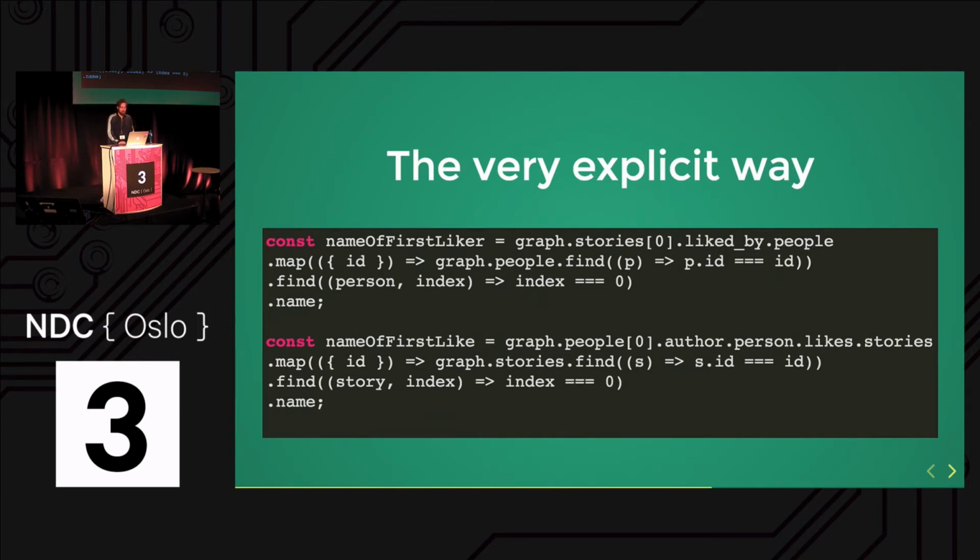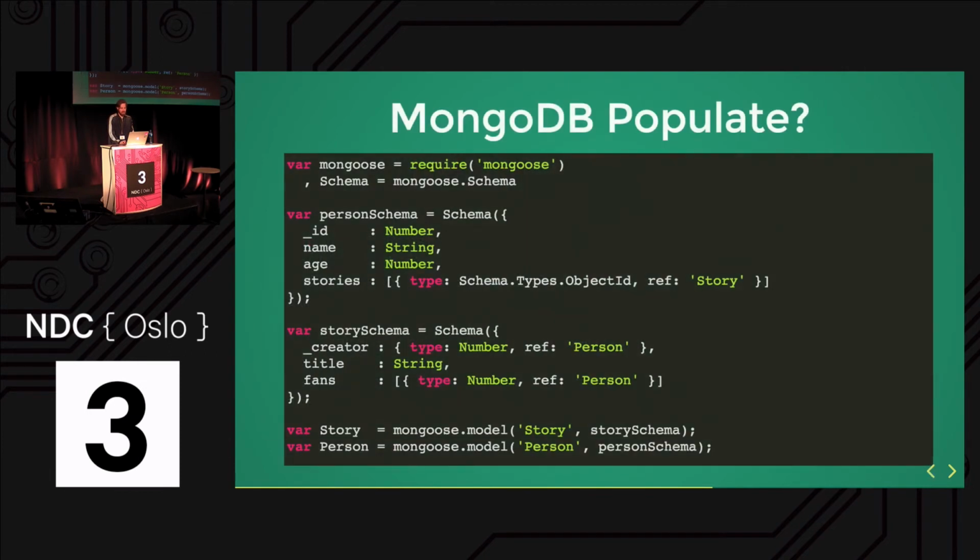And one of the things that inspired us was the functionality that MongoDB has, the populate. So in MongoDB, you could say that I have a collection of strings here, which are just references to other collections or the same collection. And then you could say that I want to pull out this item from the database, and I want it populated.